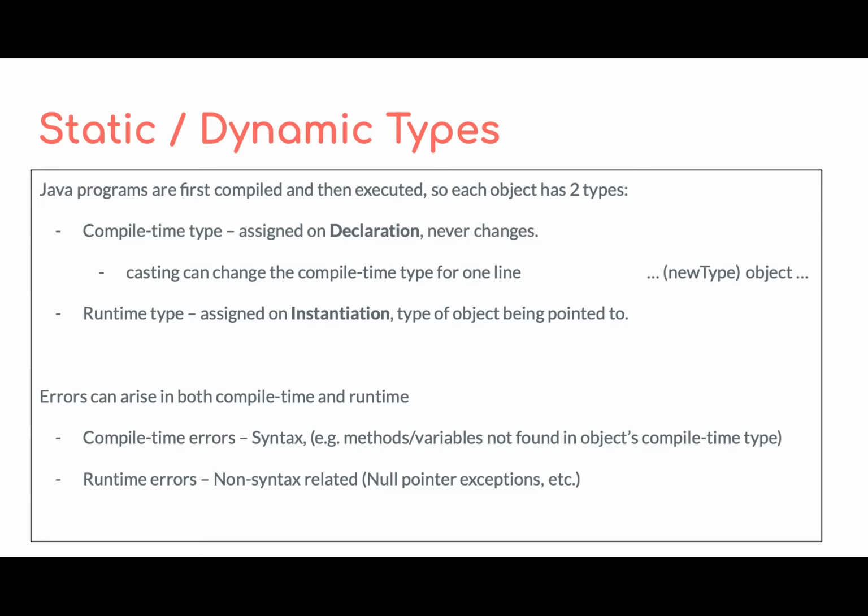Errors can arise in both compile time and runtime. The most common compile time errors are syntactical errors, like if you spell something wrong, or if you have some functions or variables that are missing. The runtime errors occur in non-syntax related situations, such as null pointer exceptions.